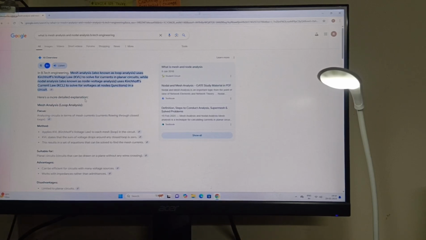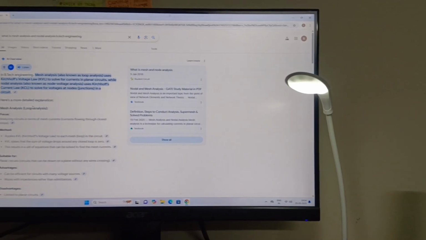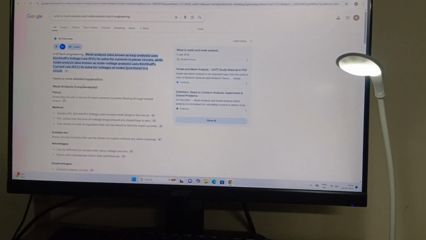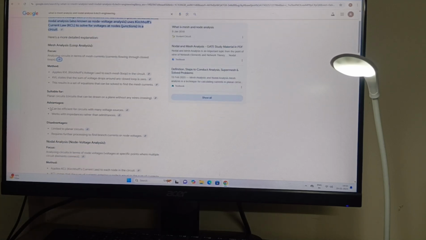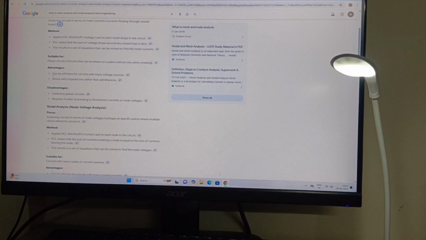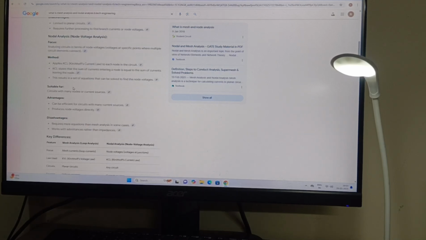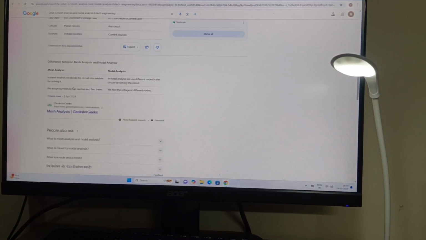Mesh analysis analyzes the circuit in terms of mesh currents, applies KVL, and can be efficient for circuits with many voltage sources. It works with impedances rather than admittances.